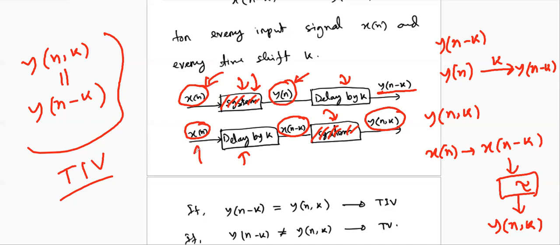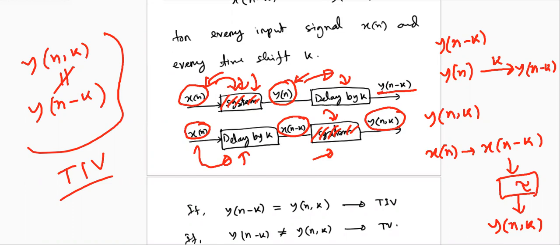Sometimes we can delay our input and give it to the system, which is equal to giving it to the system first and delaying the output. Both are the same. In that case, this is known as a time invariant system. Otherwise, if they are not equal, then this is called a time variant system.